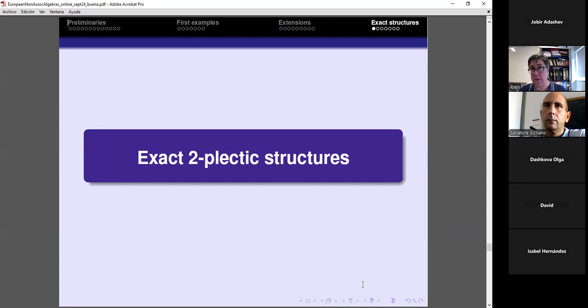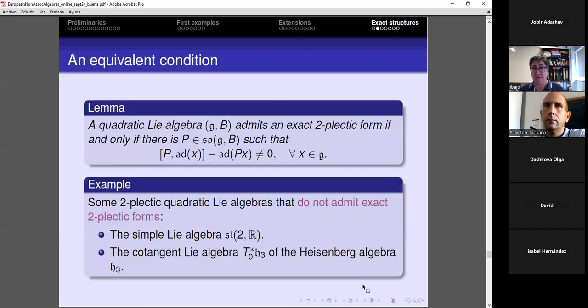But we did not know if these examples were very wide or not. So let's say a couple of things. First thing, an equivalent condition, which is very simple, is that the quadratic Lie algebra admits an exact 2-plectic form if and only if this condition is verified.